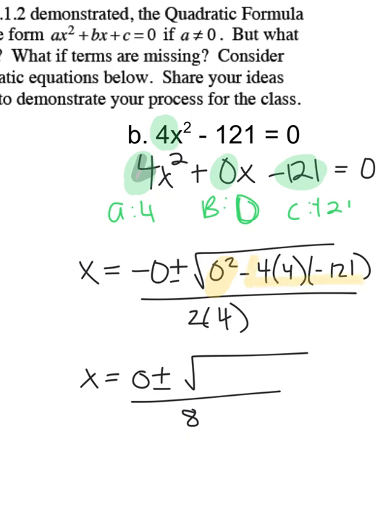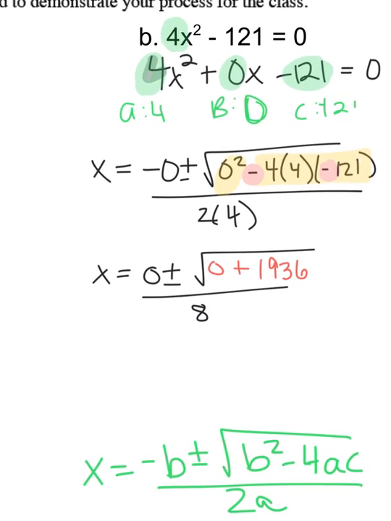And then negative 4 times negative 121. So this minus and negative turn out to be a positive. So we're going to end up with 0 and a positive 1,936.